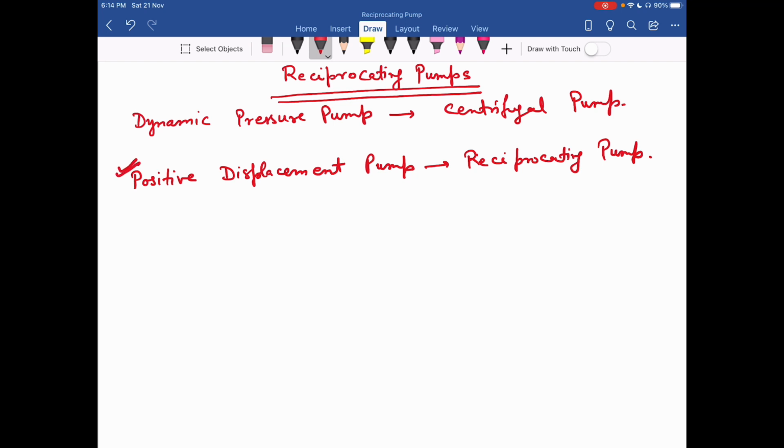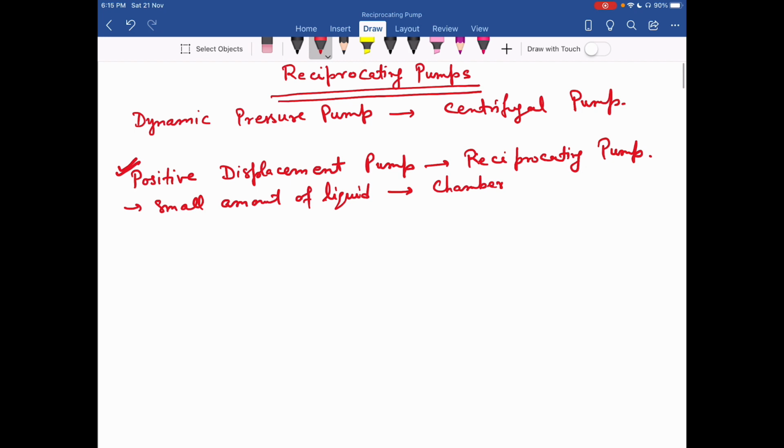This is because a small quantity of liquid is taken into the chamber and is physically displaced and forced out with pressure by the moving element. So in this reciprocating pump, a small amount of liquid is taken into a chamber.